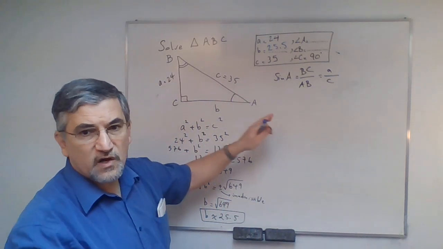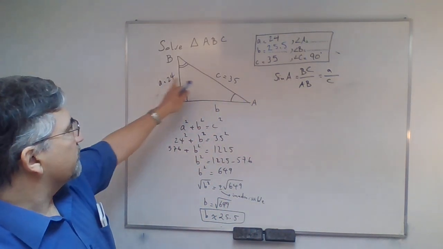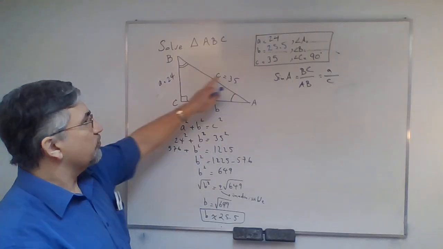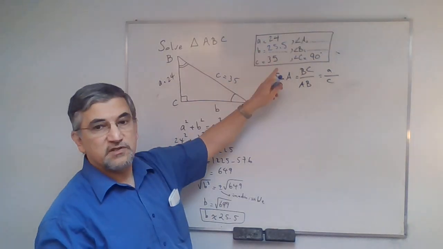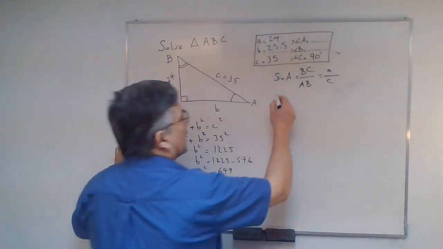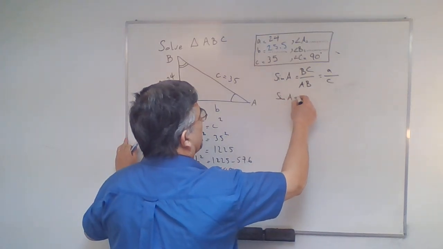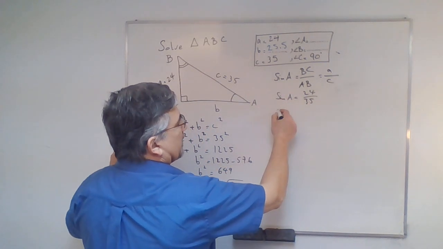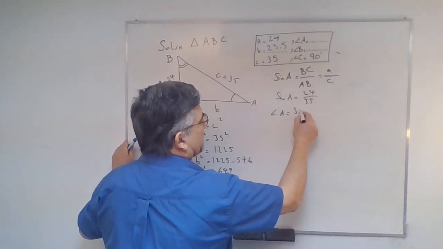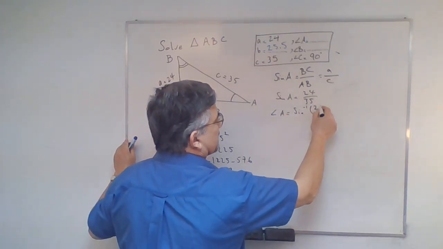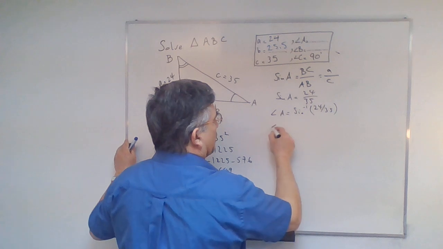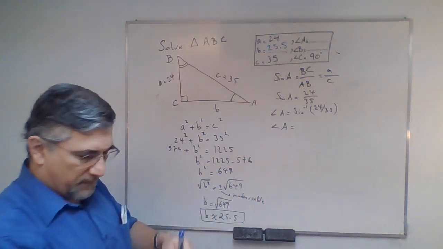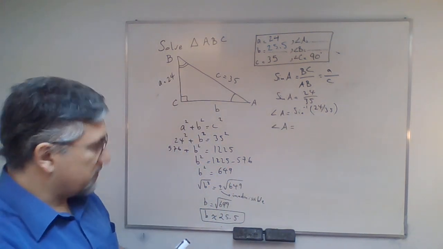So the sine ratio is opposite over hypotenuse, and both are given. So sine of angle A is 24 divided by 35. And to find angle A itself, we take the inverse sine of 24 over 35. So we just need a calculator.